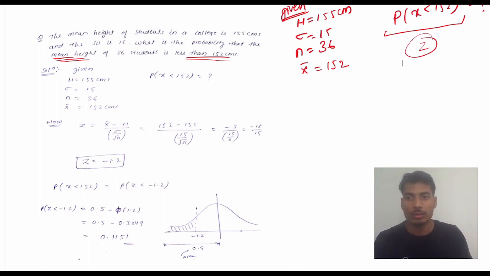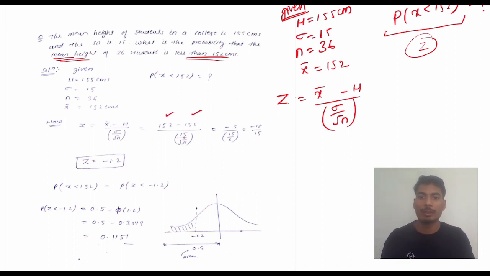So the formula of z is x bar minus mu by sigma by root n. Now x bar is 125, mu is 155, sigma is 15, and n is 36. If you put this in, then you can get z equal to minus 1.2.